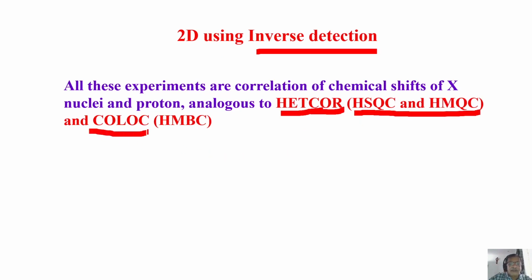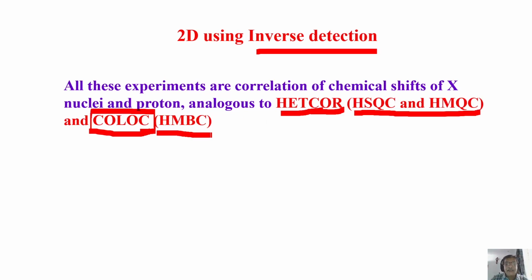There is an experiment called COLOC, correlation of long range coupling. That is an experiment where 2-bond and 3-bond proton-carbon couplings can be correlated. Protons and carbons which are 2 to 3 bonds away can be correlated, instead of directly bonded ones as in HETCOR. The inverse detection experiment analogous to that is called HMBC.